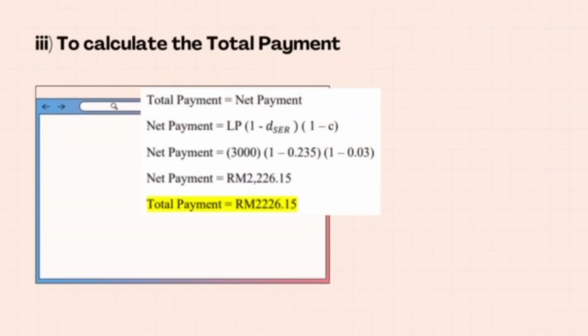Number 3 is to calculate the total payment. We use the total payment formula, which is total payment equals net payment. Net payment equals list price times (1 minus DSER) times (1 minus C). We put in the values and get net payment equals RM2,226.15, which is equal to the total payment.